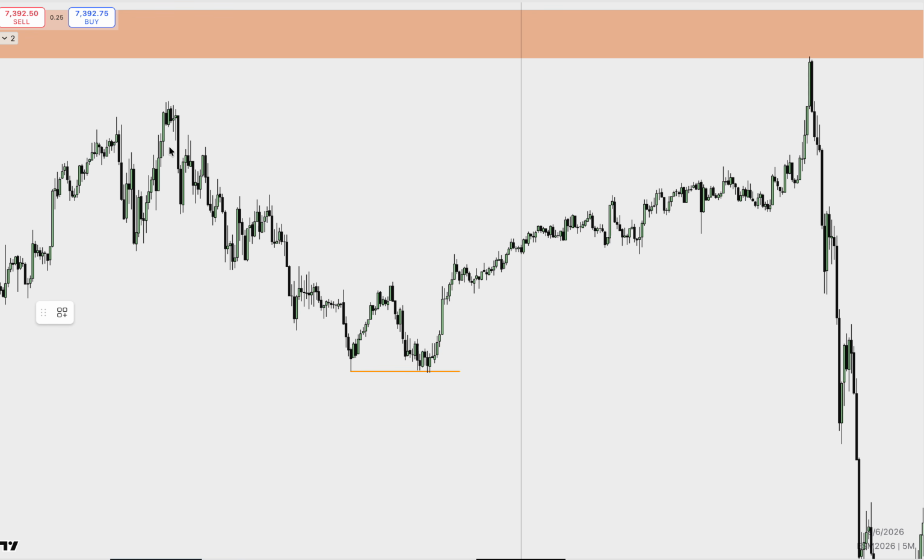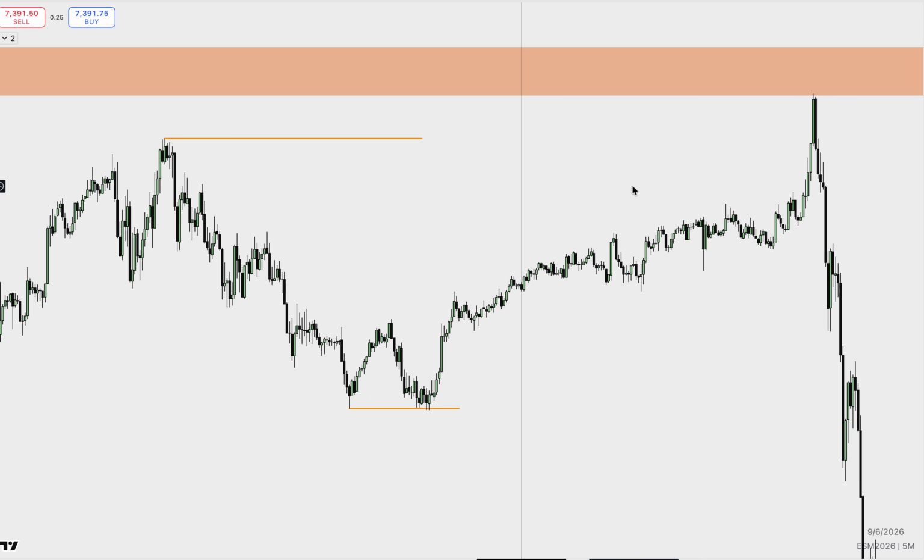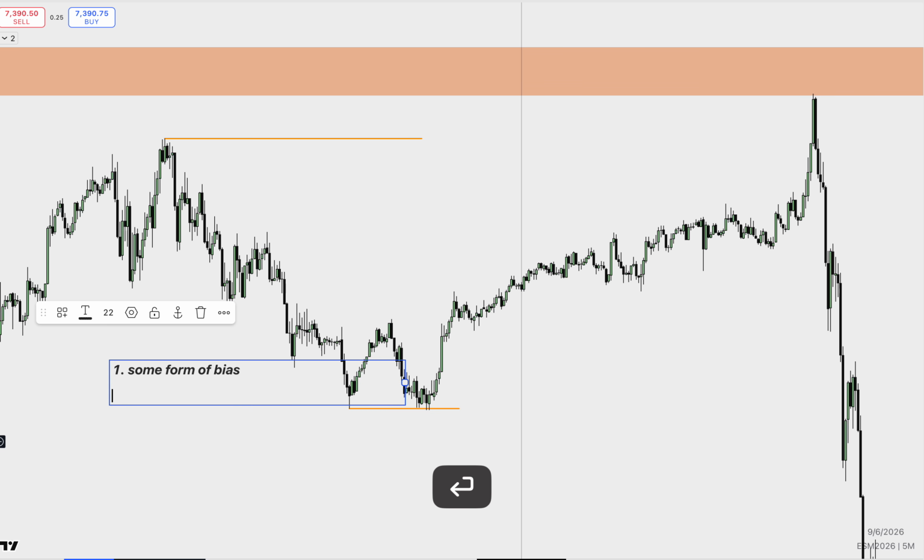So you have a connected range low to a connected range high. We then consolidated throughout here, which is fine. Price can consolidate. But I'm identifying the very first step is some form of bias, okay? The second step is actually M5 ranges / M15 ranges, okay?